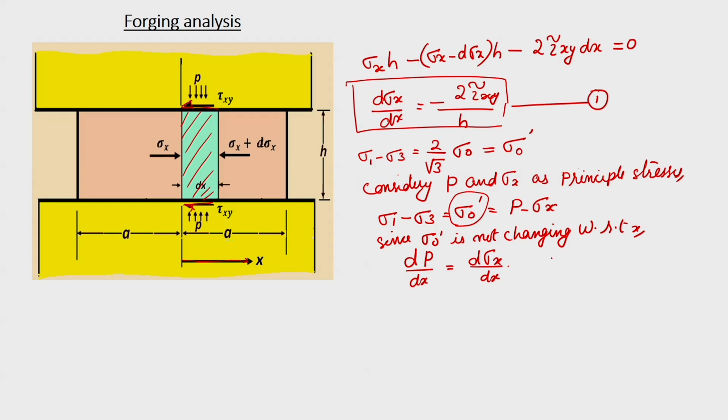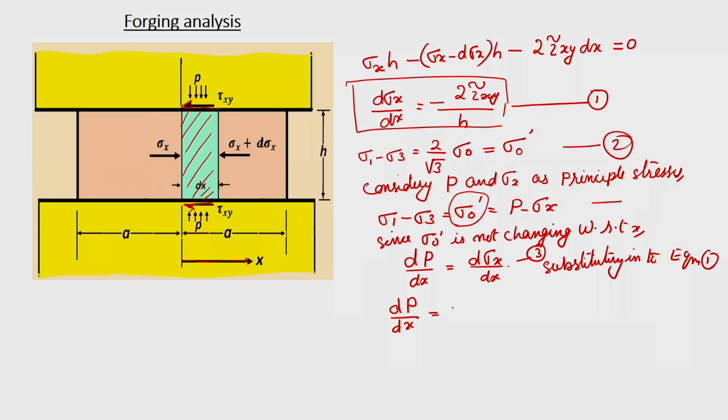So, maybe if I write this as equation 2 and this as equation 3, substituting into equation 1, we can write dP by dx is equal to minus 2 tau xy divided by h. We can write it as equation number 4.